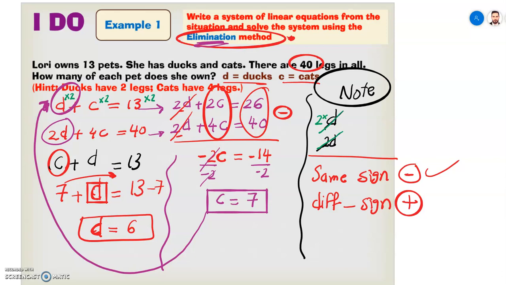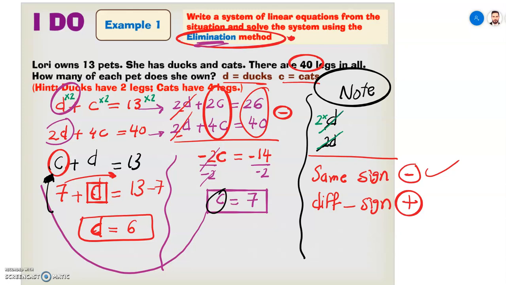Number of cats and ducks together equal 13. Okay? So I just substitute C with the number 7 here to get the value of it.